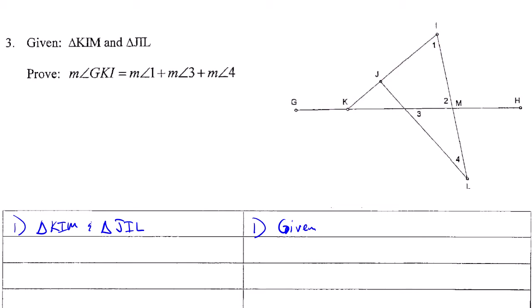All right, so let's say that. The measure of angle GKI is equal to the measure of angle 1 plus the measure of angle 2, and that's the triangle exterior angle theorem.